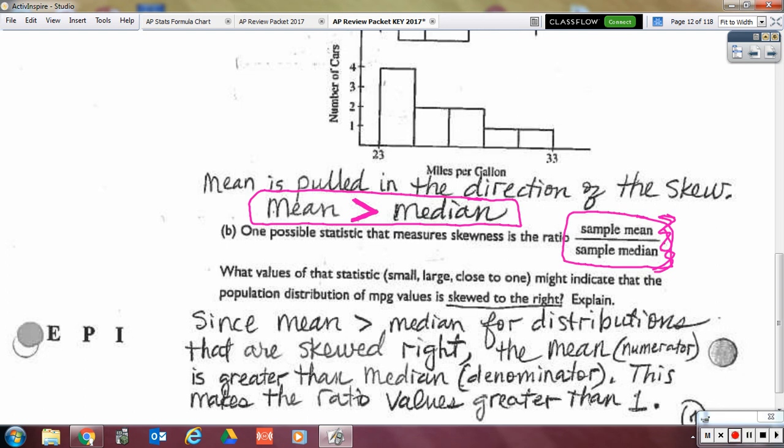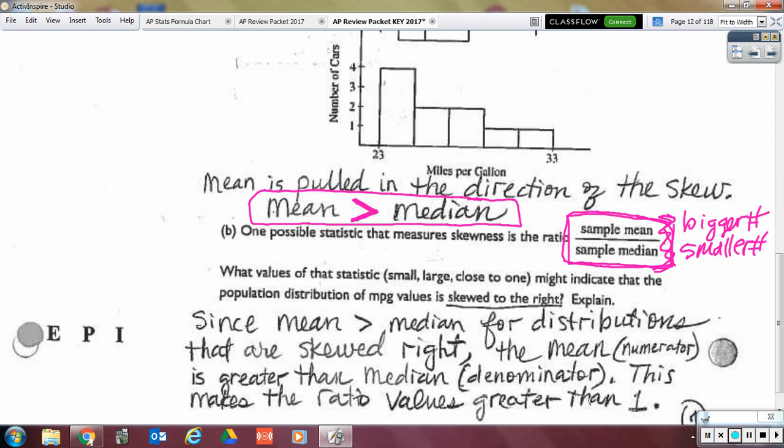Based on that, this fraction is saying that the mean is the bigger number and the median is the smaller number. So what would the value of this fraction be if the bigger number is on top? Greater than 1.